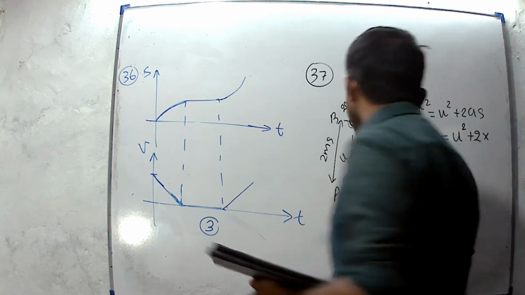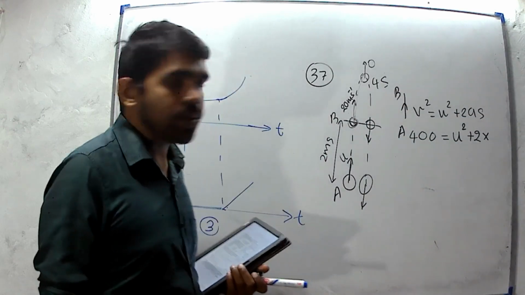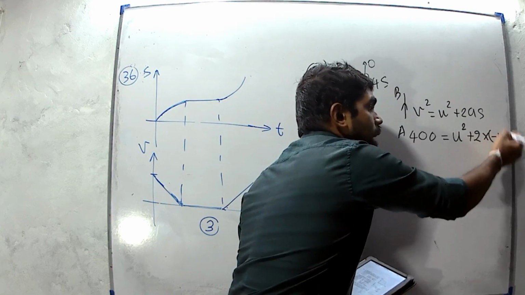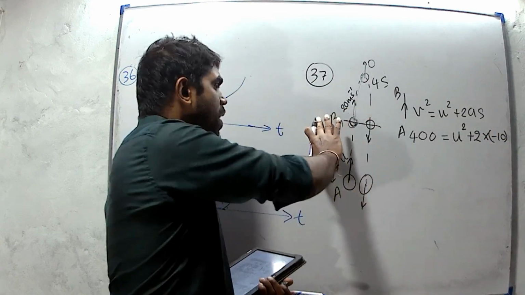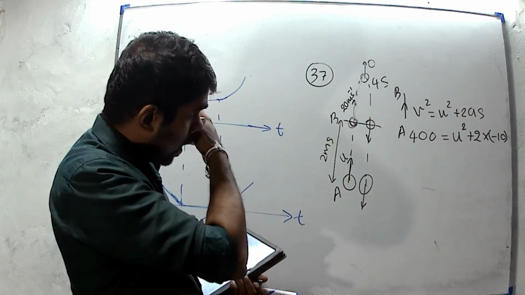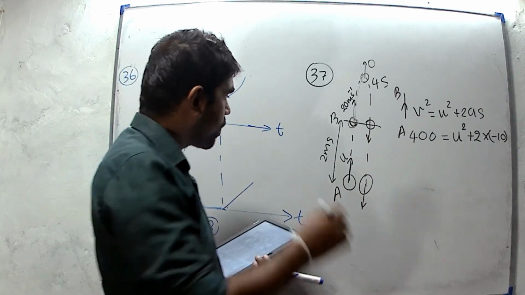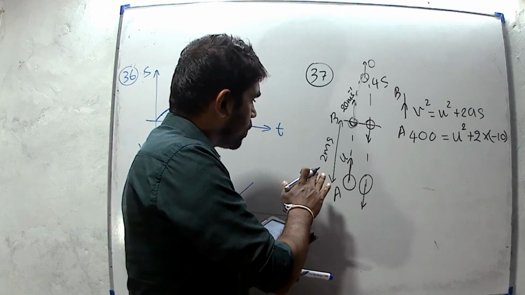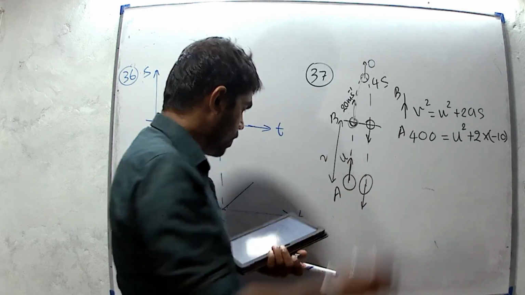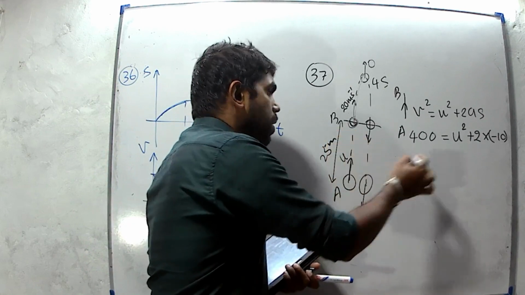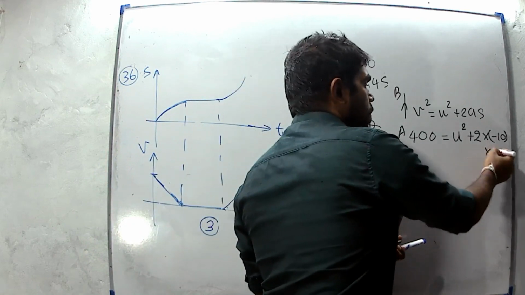Gravitational acceleration is in the downward direction, but we have used the equation in the upward direction, therefore minus 10 is the acceleration. This displacement is 25 meters. They have given 25 meters. Then displacement is 25.